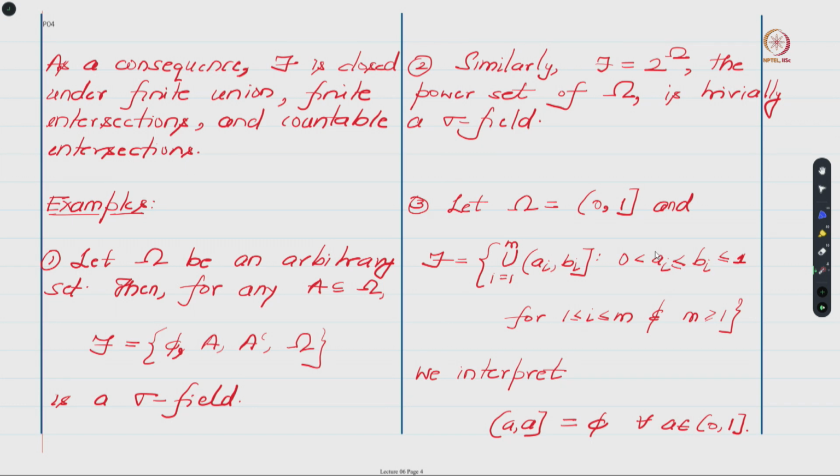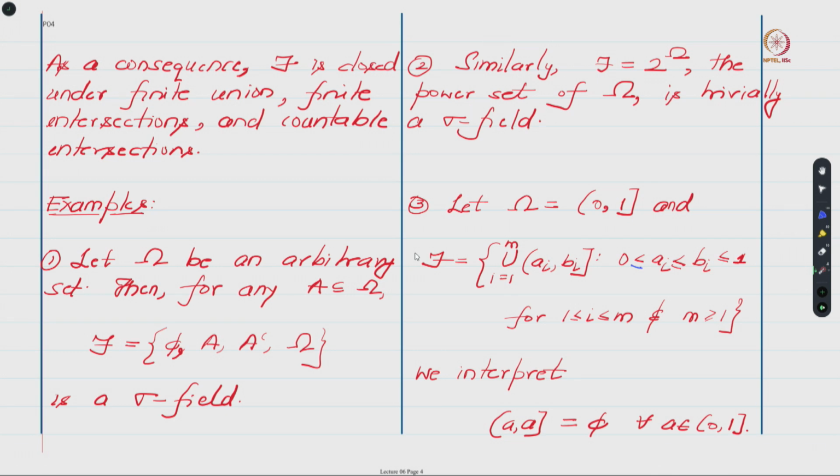In fact, sorry, there is a typo here, we can actually allow a_i to be equal to 0 as well. And this m that we have over here can be any finite number bigger than or equal to 1. So you take some m, whatever number you want, 5, 6, 100, 1 million, you take finite unions of intervals of this form, and put them together in this collection.